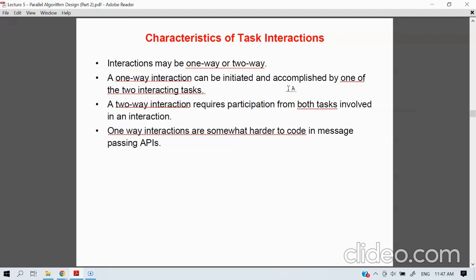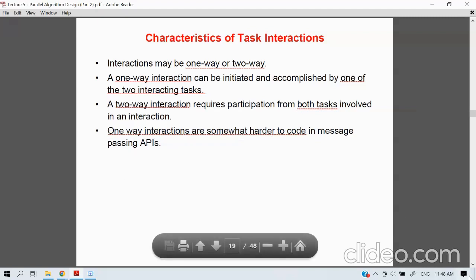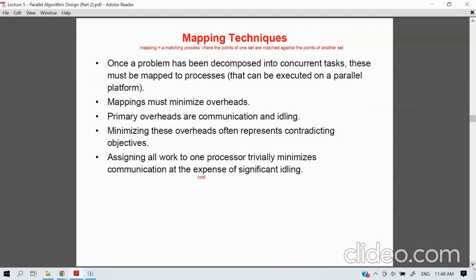If it is two way, both tasks are involved in the interaction. If you only read, just one action is required, read only, not read and write. However, one-way interactions are somewhat harder to code in a message passing API, compared to two-way.